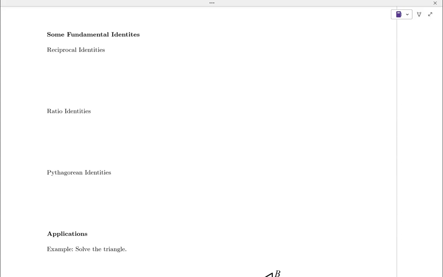Okay. Right. So some of the identities that we have in trig have special names. So we have these first few here that we're able to write down based on what we just did. So we have the reciprocal identities. We've already noticed those, right? We had sine, cosine, and tangent.